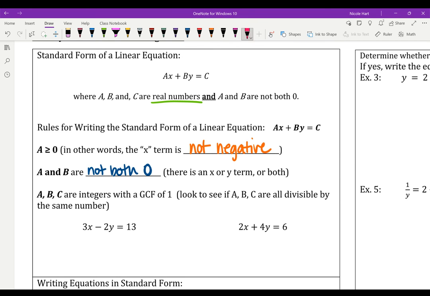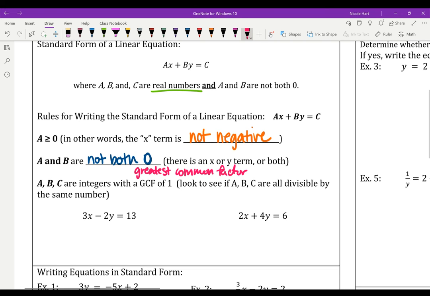And then the last piece here is that a, b, and c are integers with a GCF, and GCF means greatest common factor, of 1, meaning that there's no way to divide any other number out of a, b, and c. So if we look at our first example here on the left, it says 3x minus 2y equals 13.